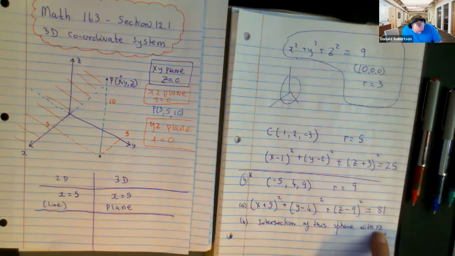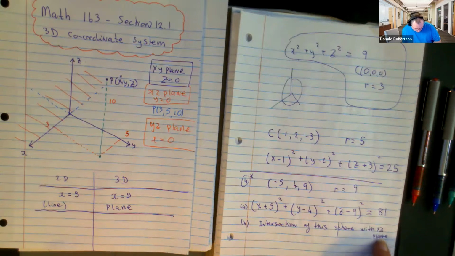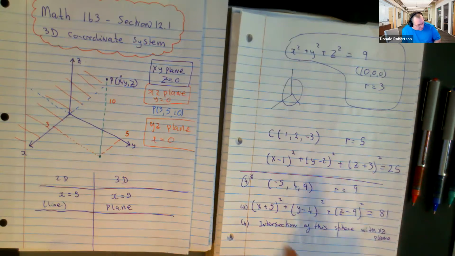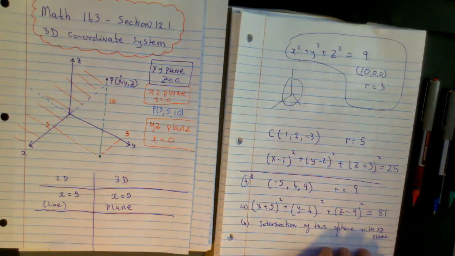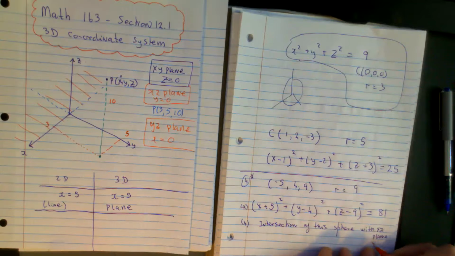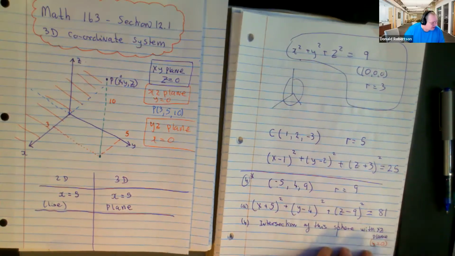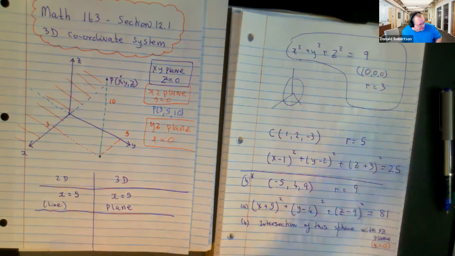If you do the intersection with the XZ plane, what's that the same thing as? X equals 0, Y equals 0, or Z equals 0? Y equals 0, right? XZ doesn't have a Y, so Y equals 0. That's a quick way to remember it.